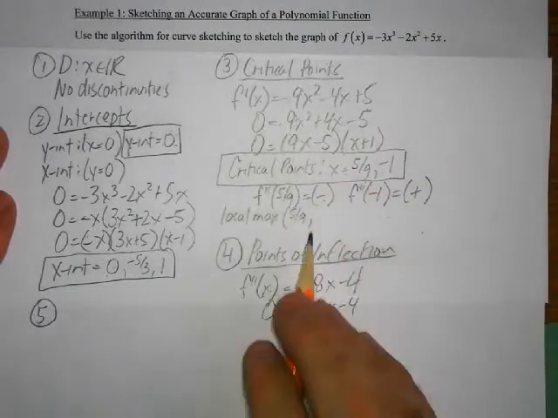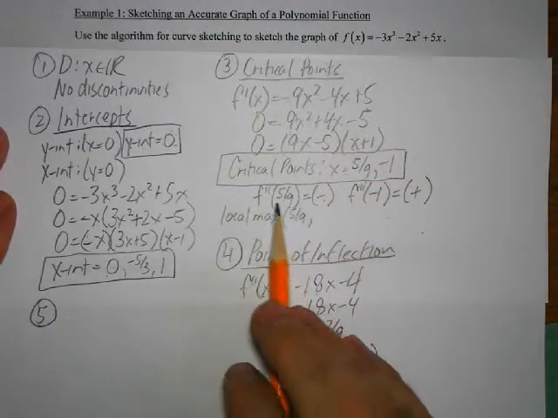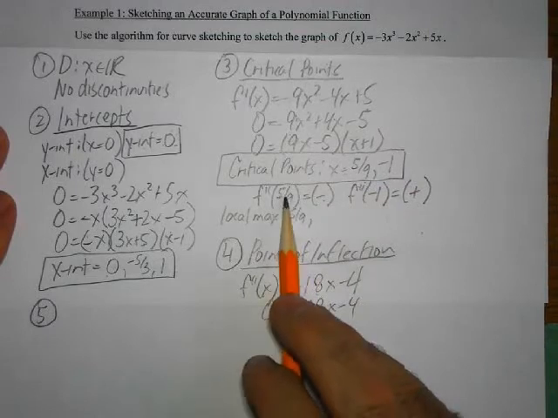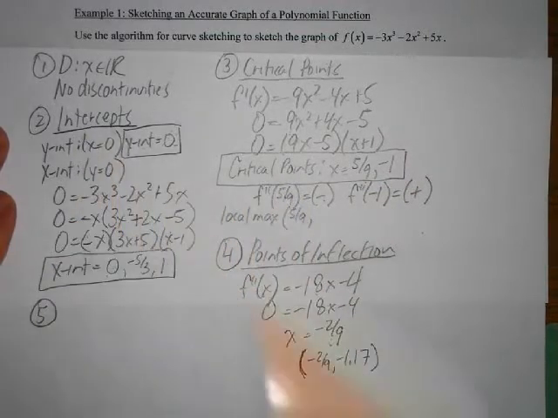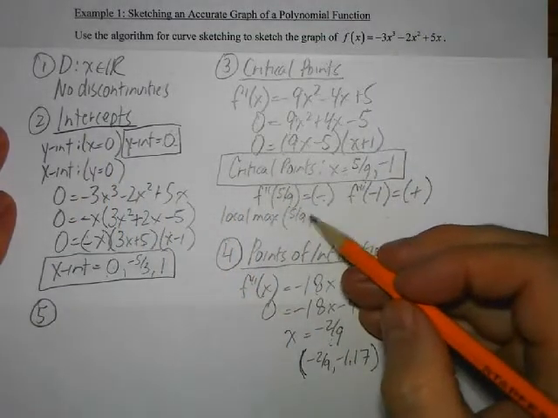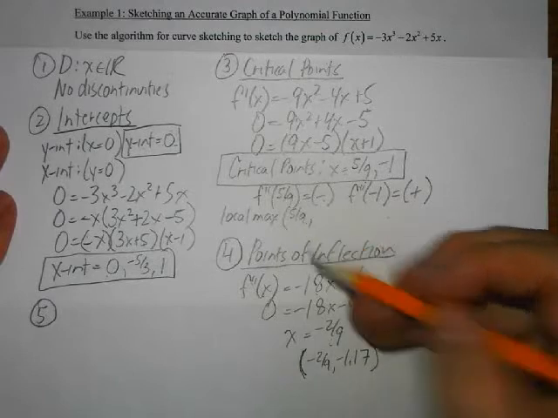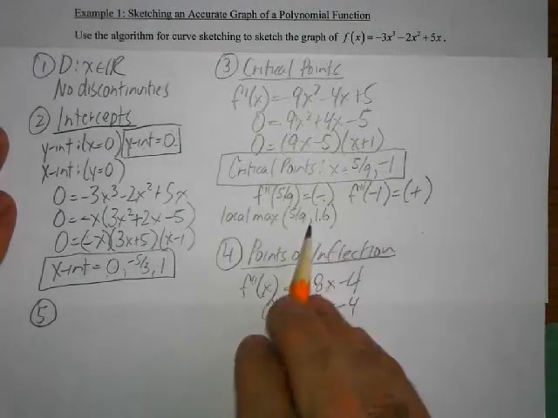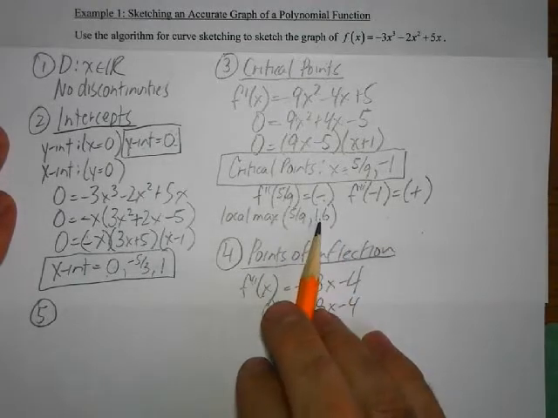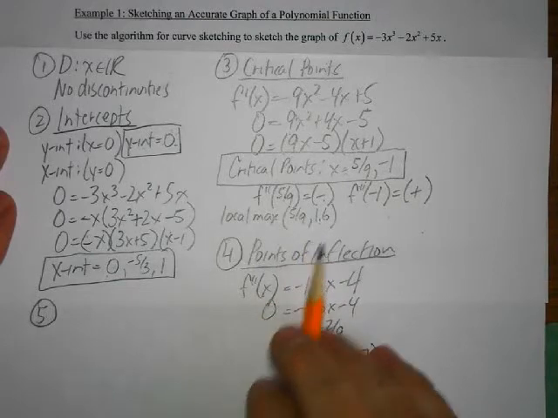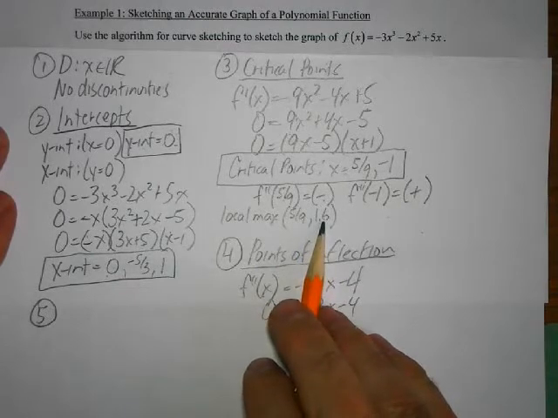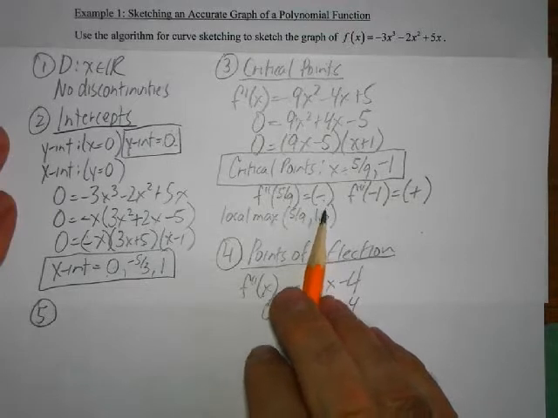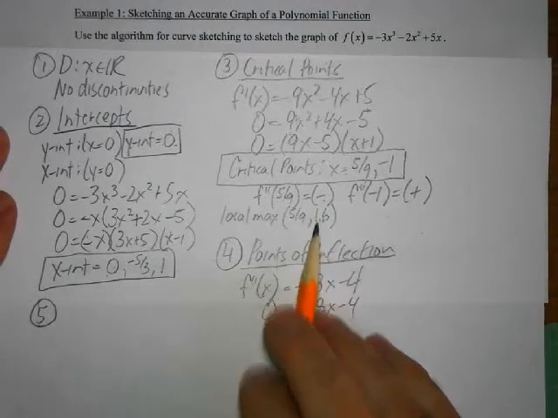I'm not going to do that here, but you'd plug your 5/9 back into your f of x and find out the y value, which is about 1.6. And again, this is where we're coming up with an approximation, because it's really just for the point of the graph. We're not going to be overly accurate because that's pretty precise already.